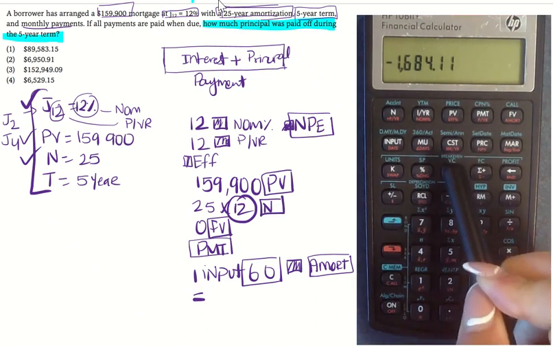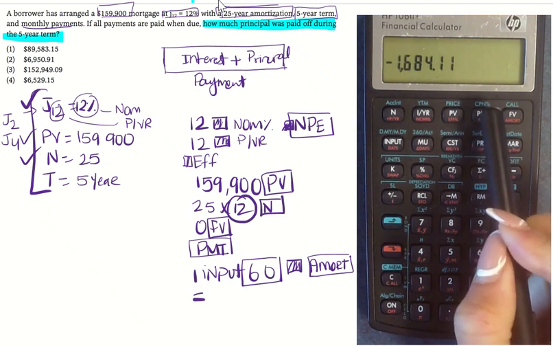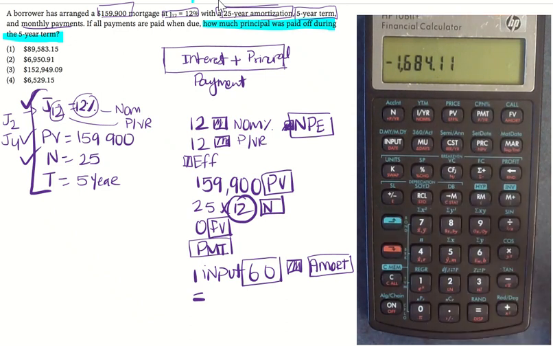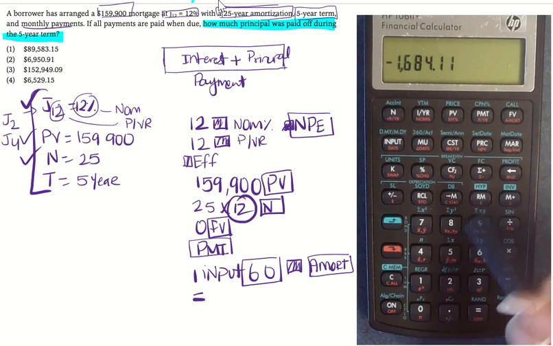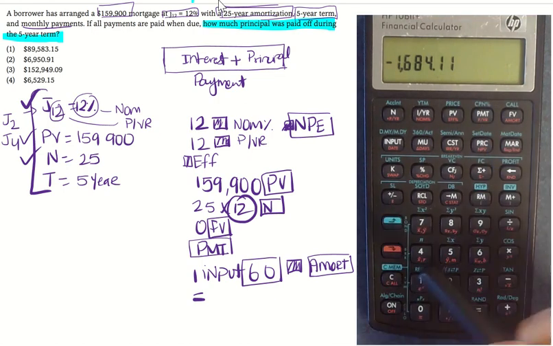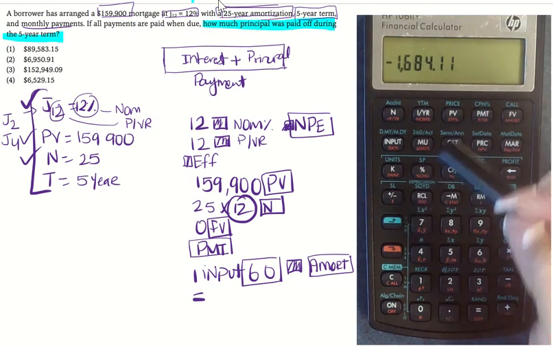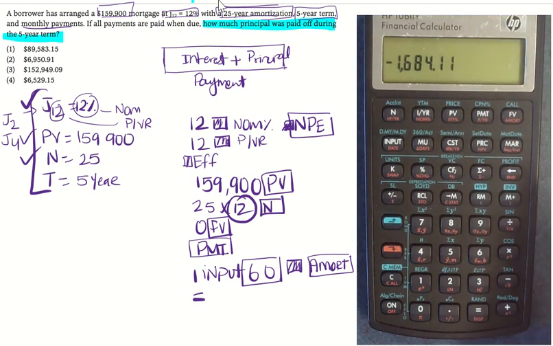What this function does is store the value of the payment into this key. Or sometimes you will see a question where the payment is given. You put the payment, press the minus key, and then press the payment key. We just calculated it. Now we have to store that back into the payment, so we press the payment key again to store the value into the payment. So that part is done.